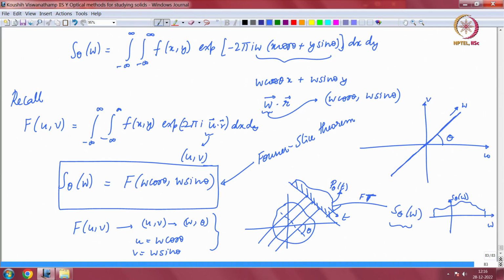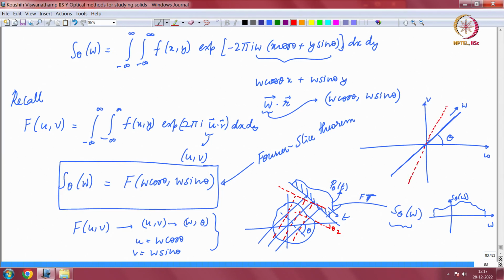Now, if you rotate it to another angle, you will get another slice. Let us say you rotate this detector a little bit more. So, now it is like this. You will get a different p theta of t corresponding to this normal and this angle, let us say theta 2, and you take a Fourier transform and you get a corresponding slice.